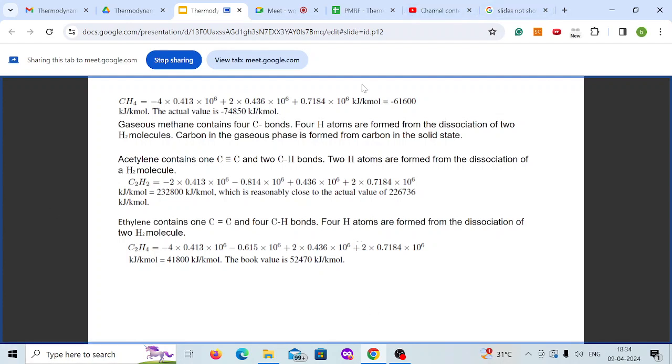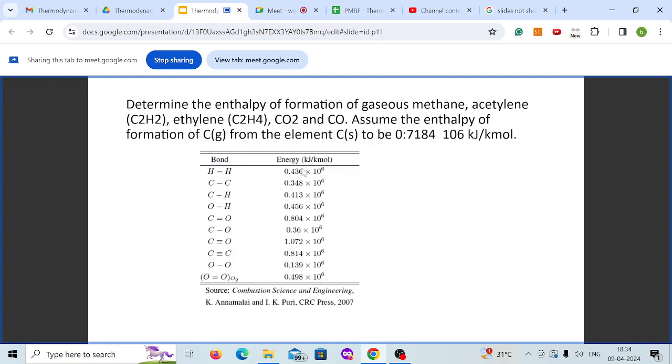So from solid to gaseous, the energy is 0.7184 into 10 power 6, plus the hydrogen bond which is broken. So 2 moles into 0.436 into 10 power 6, which is the hydrogen bond energy, and the carbon-hydrogen bond is 0.413 into 10 power 6.